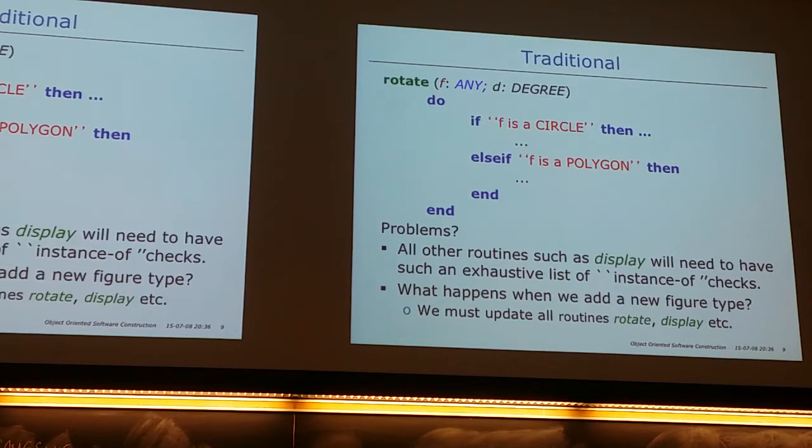For example, if you see that, this is one exhaustive list for all the possible shapes that we're currently supporting. But let's say, for all the other operations, we have to repeat the same list over and over again. That's really the bad thing. That actually violates the single choice principle. That's really something we want to avoid.